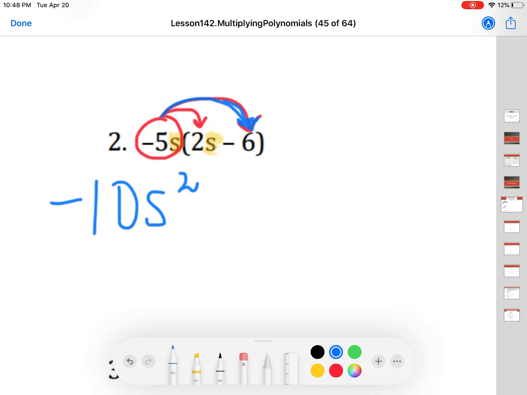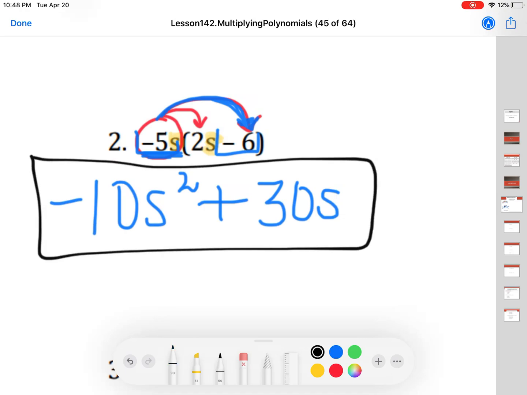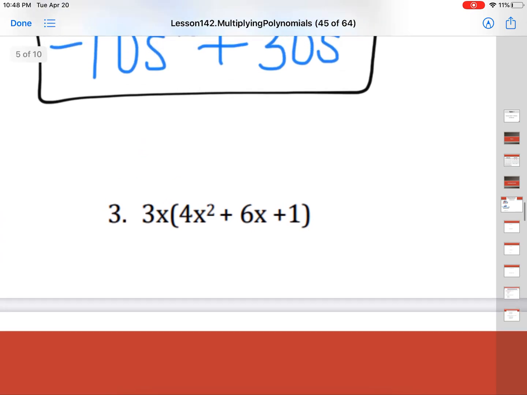So now negative 5s, I need to multiply to this other term here, but we have to be careful, because this is the number negative 6. So negative 5 times negative 6 is a positive 30, and there's an s here, so I need to make sure I put an s in my answer. So negative 5s was distributed to both terms.